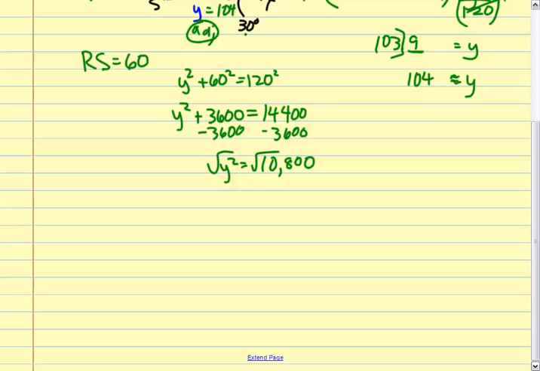Take the square root of both sides. All right, so we need the square root of 10,800, and we're going to get that y is equal to 103.923045. And when we round, we're going to get y is approximately 104. Nice. Man, I love math.